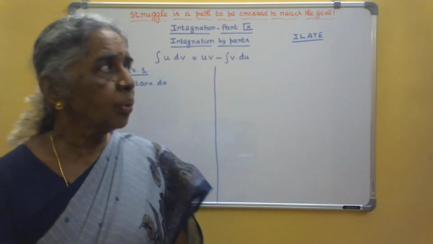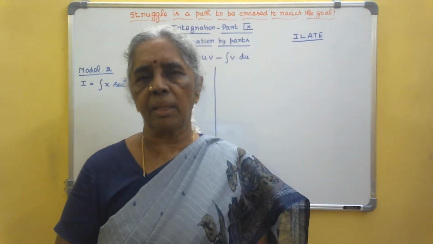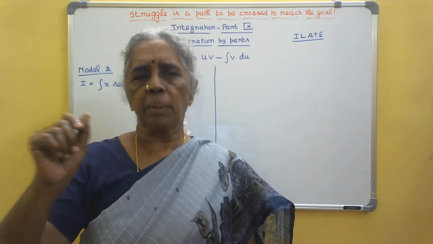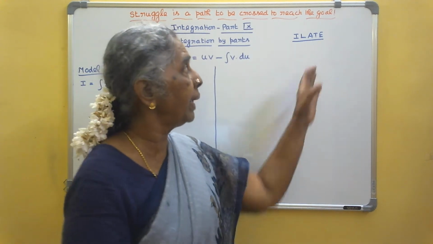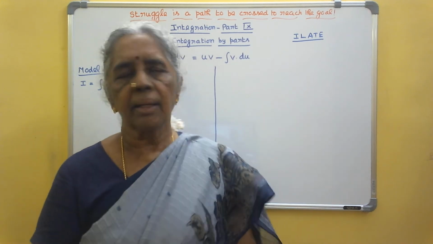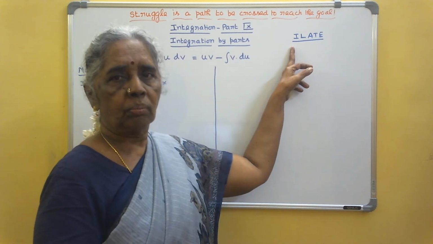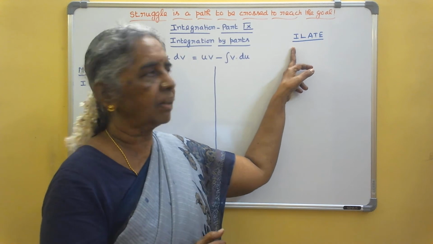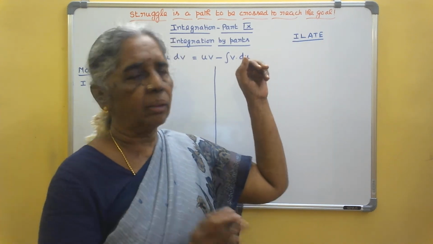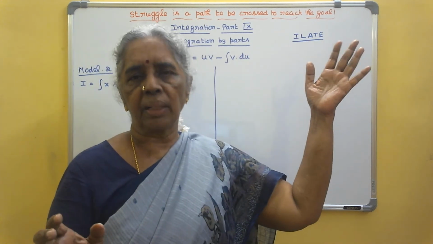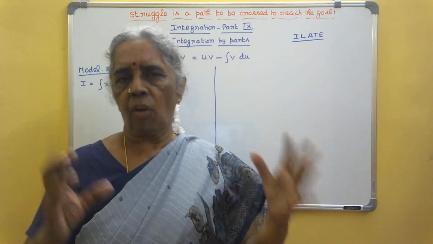Okay. So there are 5 types of functions in maths. Any mathematical expression, we can bring under these 5 categories. Inverse trigonometric, you know the 6 inverse trigonometric functions. L is log anything. A is algebraic function, any x power formula, right?